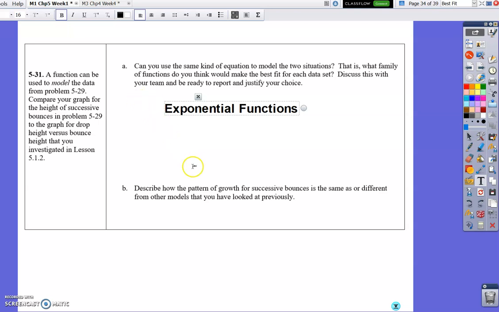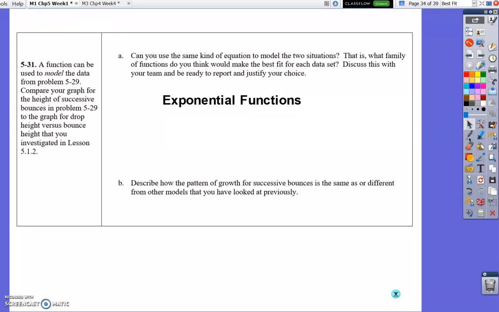But they're both exponential functions. The pattern of growth for successive bounces is the same as the other models. It's the same because we're talking about the bounciness of the ball and that rebound ratio.